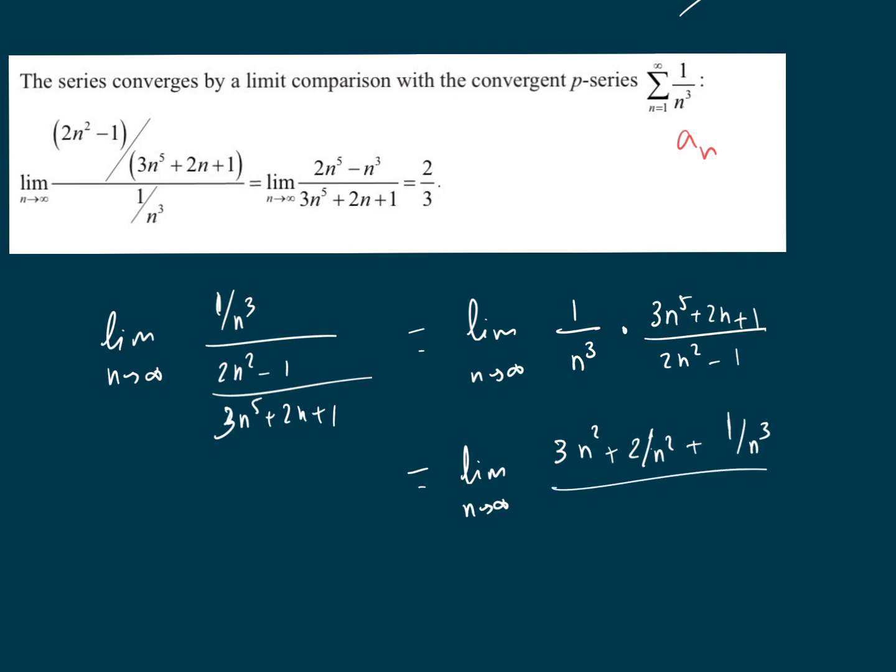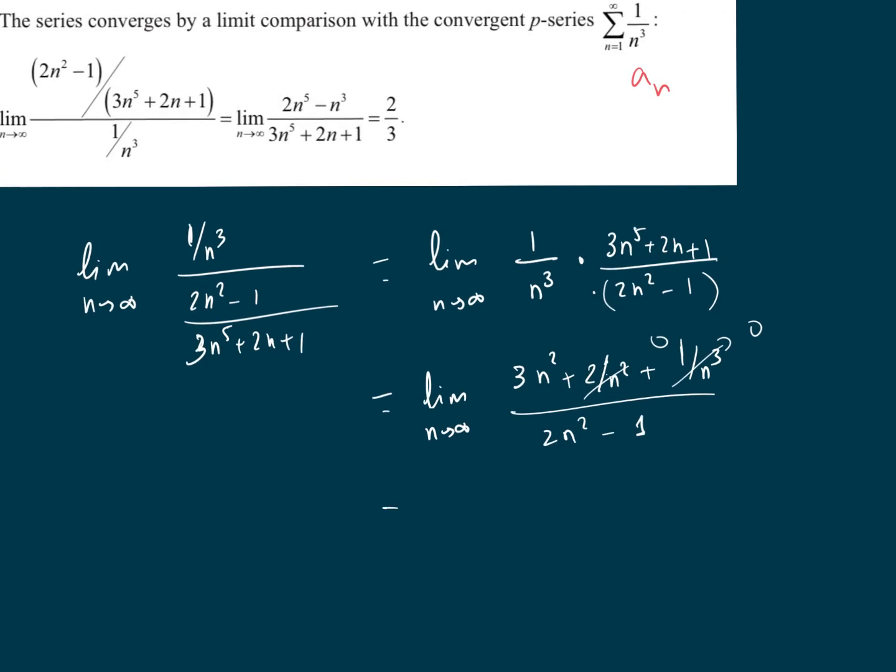In the denominator, 2n squared divided by n cubed, it will be 2 divided by n, minus 1 divided by n cubed. Okay, when n goes to infinity, this goes to 0. This goes to 0.